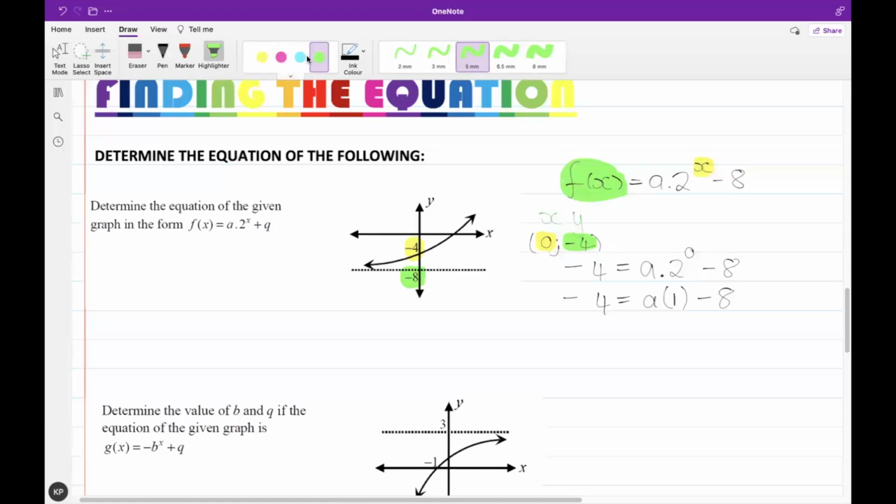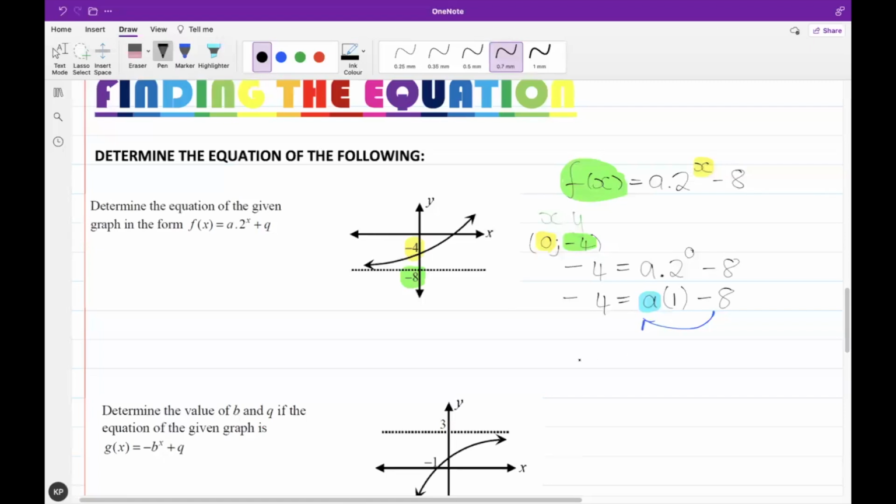Great. Now I want to get a on its own. So what do I first get rid of? Not the 1. I get rid of this -8. And what happens when I take 8 to the other side?